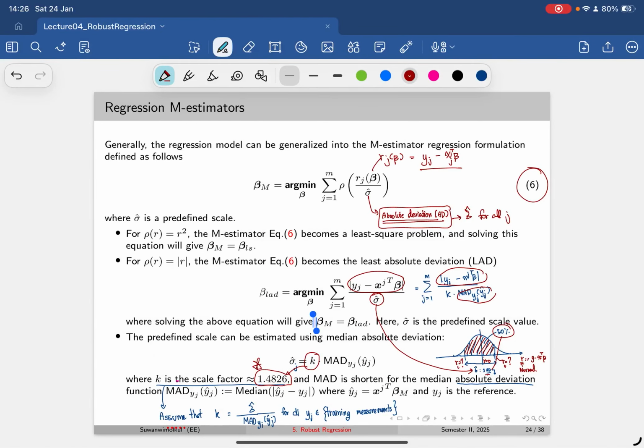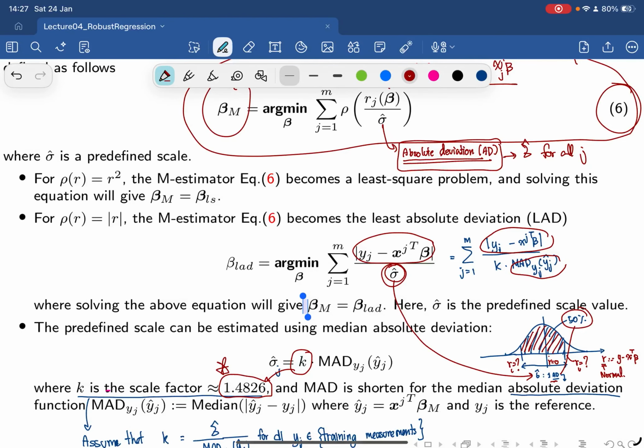Anyway, just know that for the regression, the beta obtained from the M estimator is obtained by the following equation. But it can have some alternatives, like maybe your sigma j here could be adjusted per case by using deviation per sample. That could be an alternative. That's all.